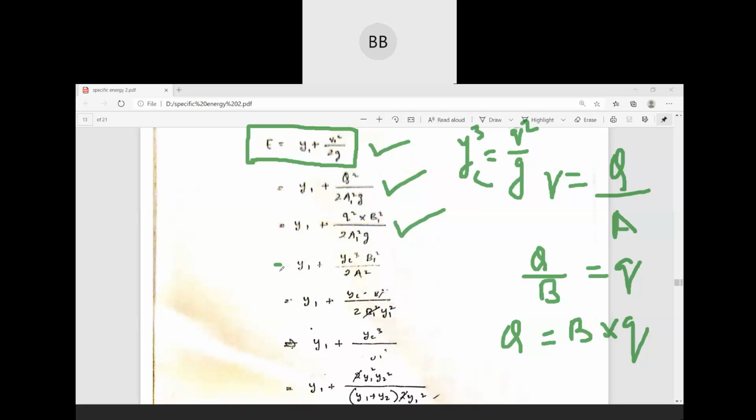Other terms will remain the same. Then again this will be yc cube, we replace this area a1 by b1 into y1, because a rectangular channel is given, multiplied by y1. It will be squared, so it will be b1 square multiplied by y1 square.